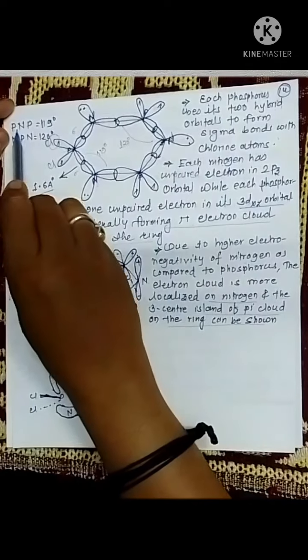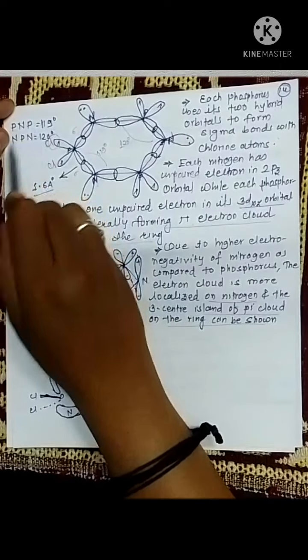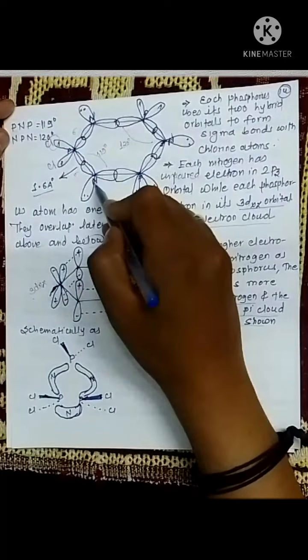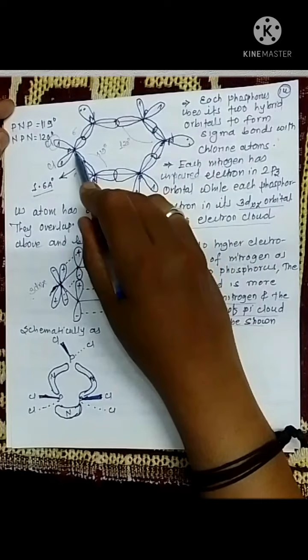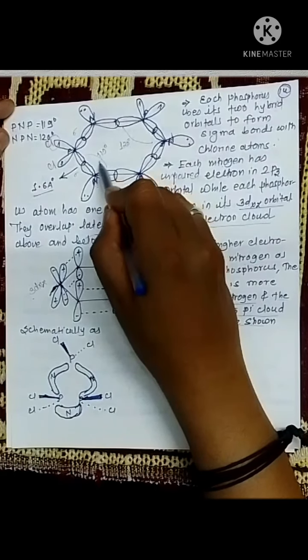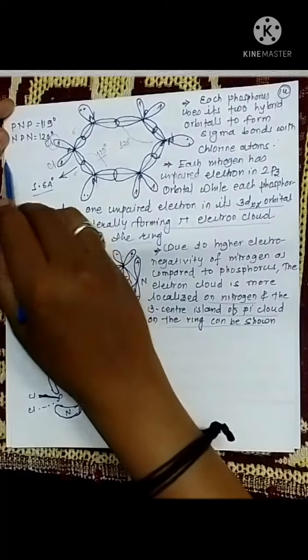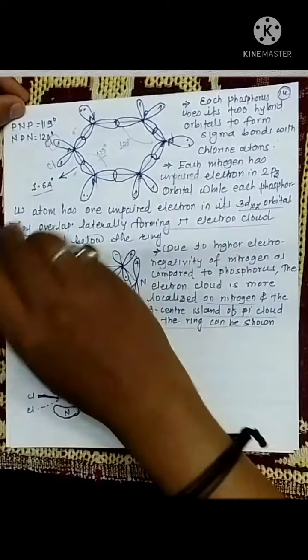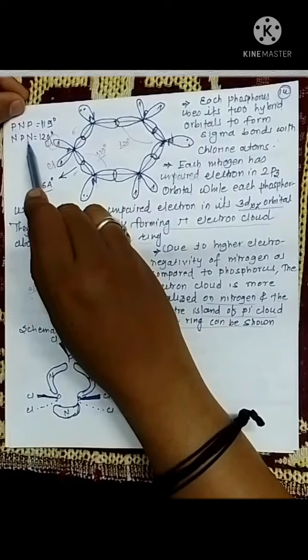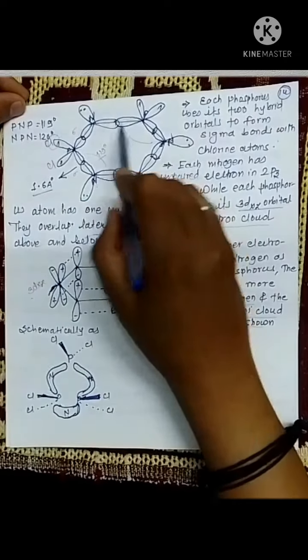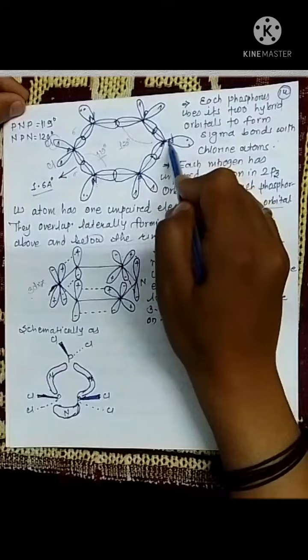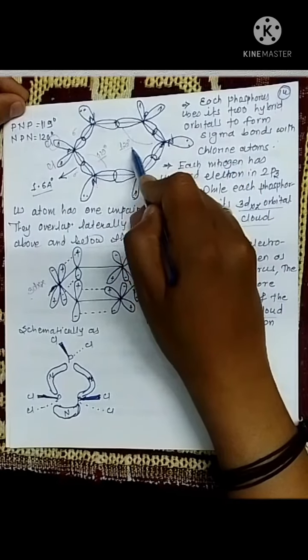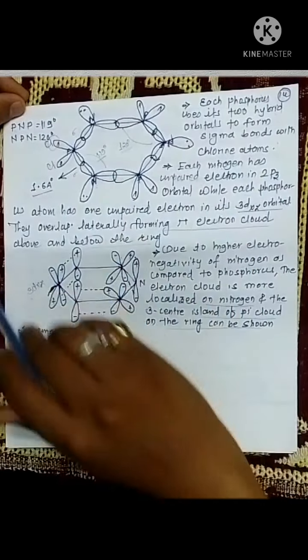The bond angle between phosphorus, nitrogen and phosphorus, that is P-N-P, is 119 degrees, while the bond angle between nitrogen, phosphorus and nitrogen, that is N-P-N, is 120 degrees.